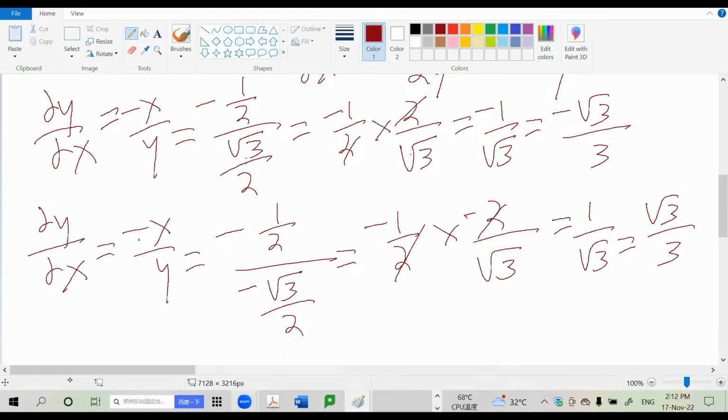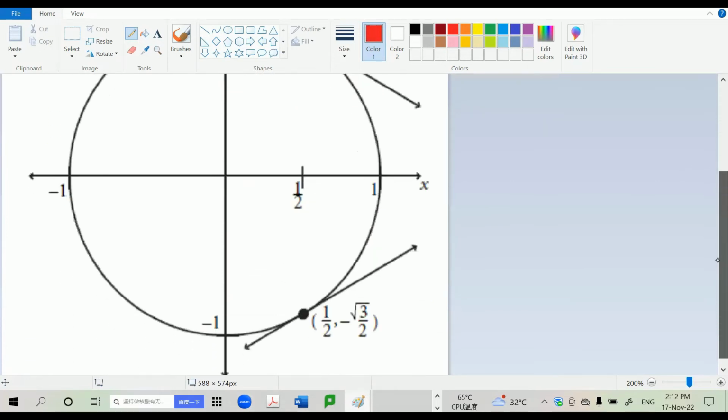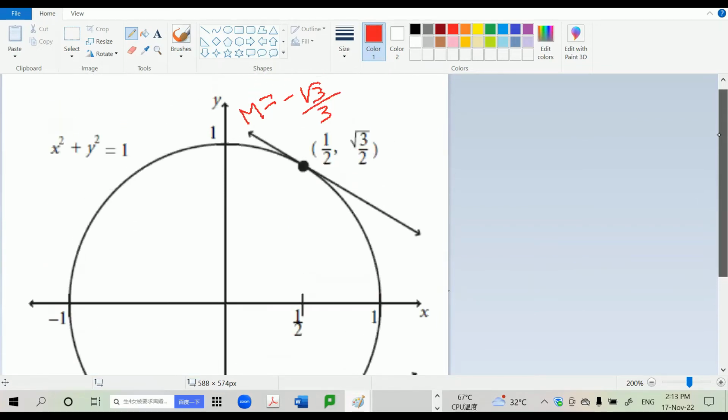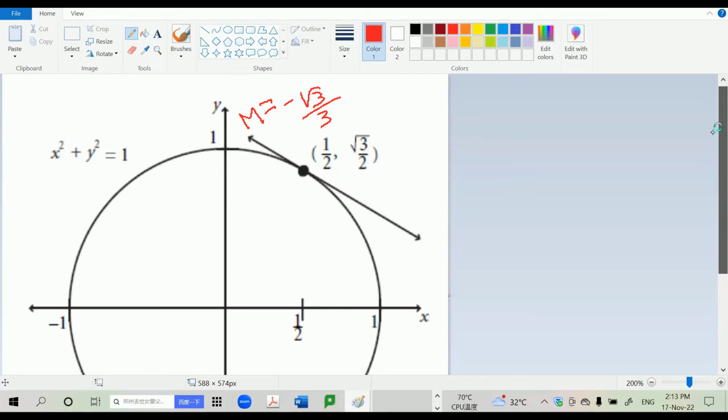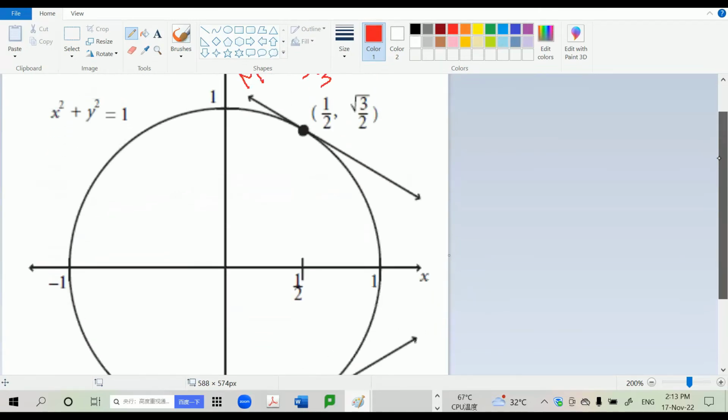So going back to that picture, my slope over here, okay, this would be then m is equal to the square root of 3 divided by 3, right? That is going to be the slope, positive slope there. So here we have it. That's how we will use implicit differentiation to get then the derivative or the slope of the tangent lines at these 2 points on the circle.